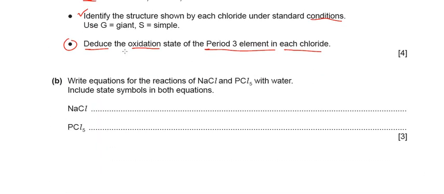Next part, write equations for the reaction of sodium chloride and phosphorus 5 chloride with water. We clearly know sodium chloride is an ionic compound, and phosphorus pentachloride is covalent. Remember, whenever we add any ionic compound into water, it will dissolve.